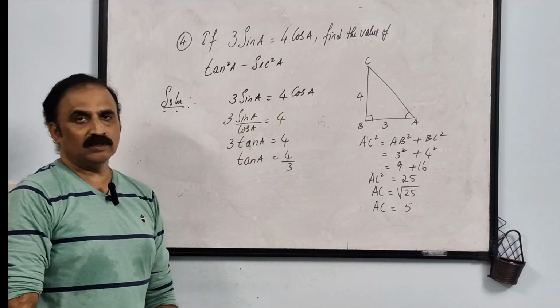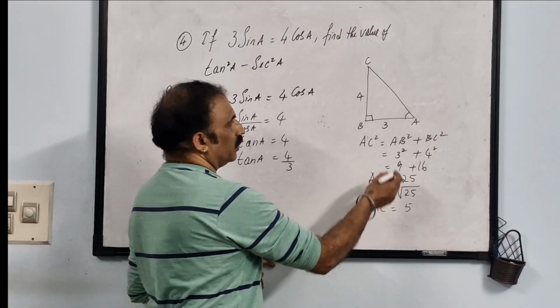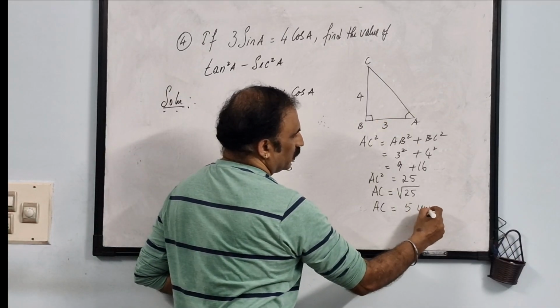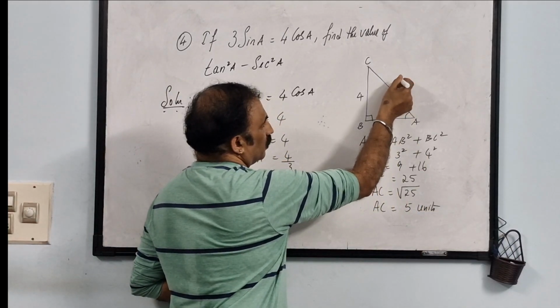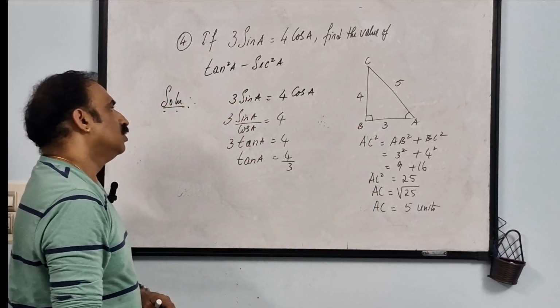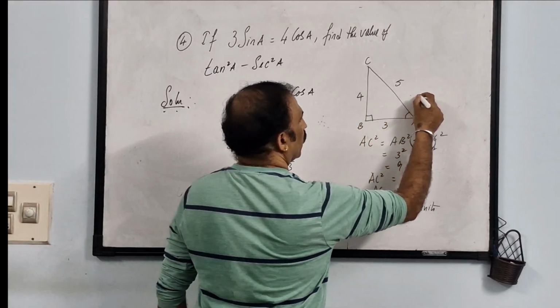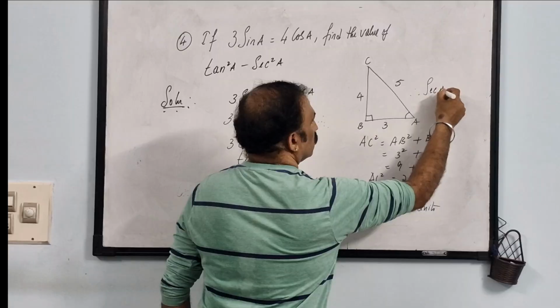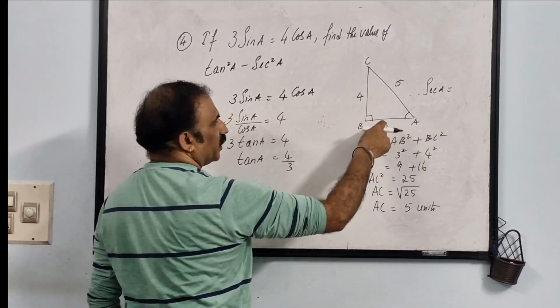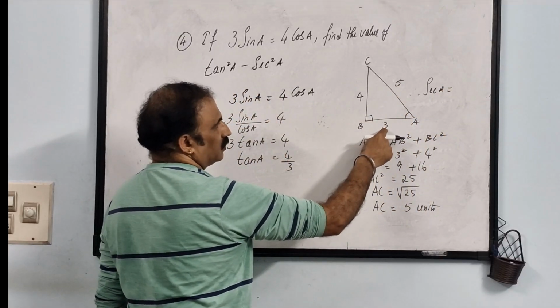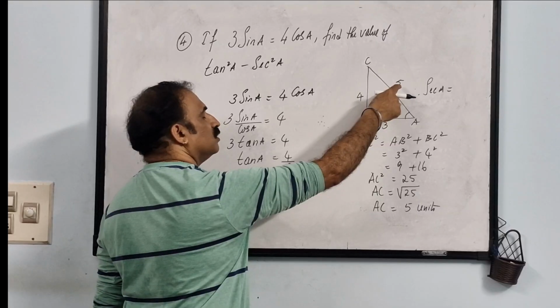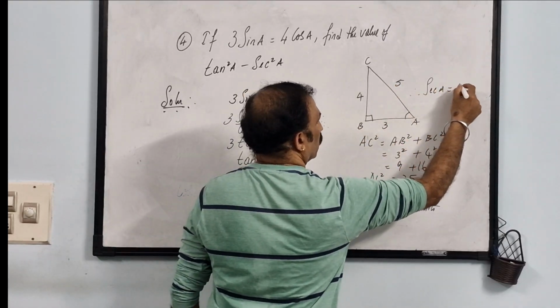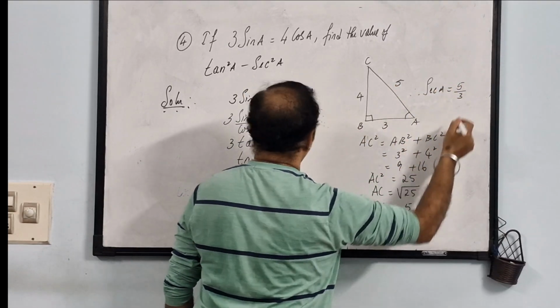Since we are measuring sides, you will take only the positive value, so we will take it as 5 units. So here the extracted value is 5. Therefore, we require the secant A value. Secant A value is hypotenuse by adjacent. Cos is adjacent by hypotenuse, and the reciprocal of cos is secant. So secant A value is 5 by 3.